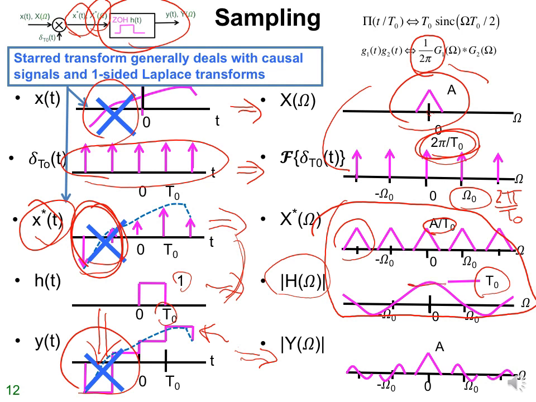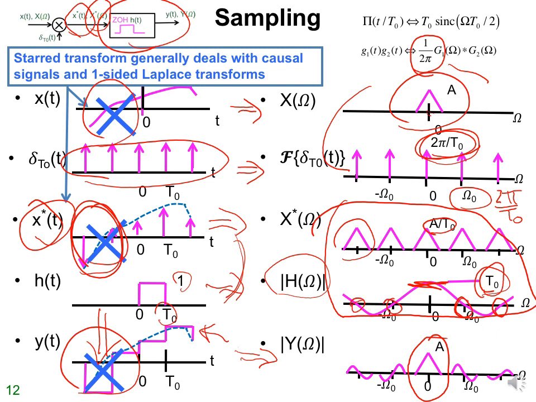So we can also consider the starred transform. Instead of a zero order hold, we could consider a perfect reconstruction filter. Again, that's an ideal low pass with cutoff frequency half the sample rate. And the starred transform, going through that, of course, produces exactly the original signal, so y of t would equal x of t.